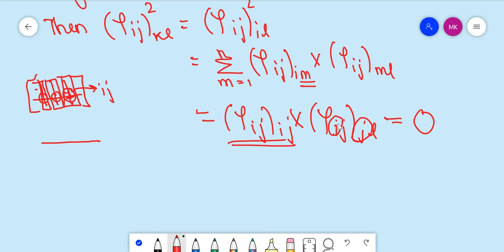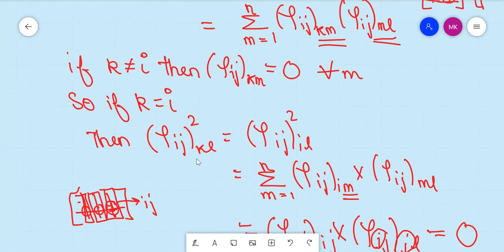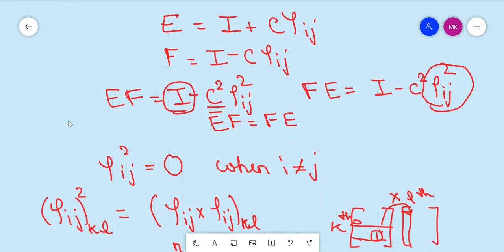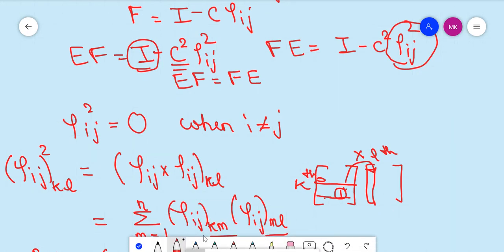So essentially we've shown that this term, e_ij squared, would always be 0, whether k is not equal to i or k is equal to i, which, going back here, is what we needed to prove. I'll switch to the black pen now.